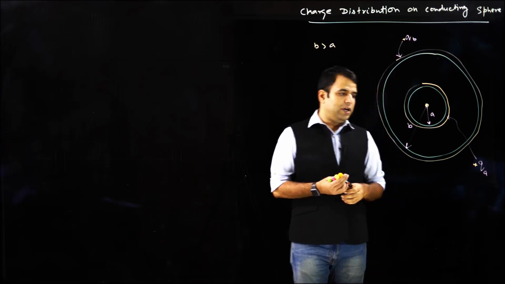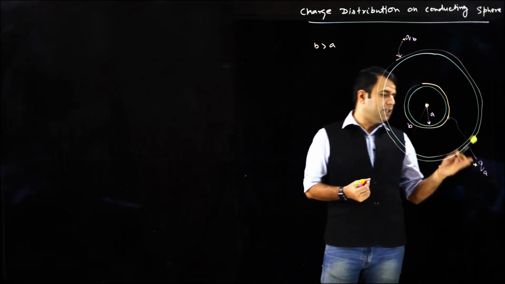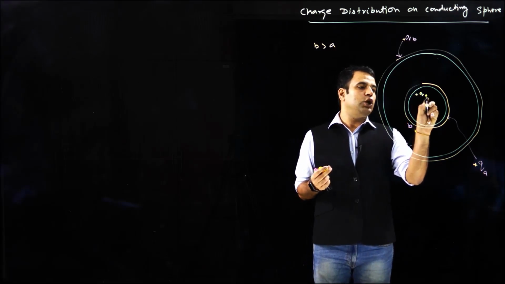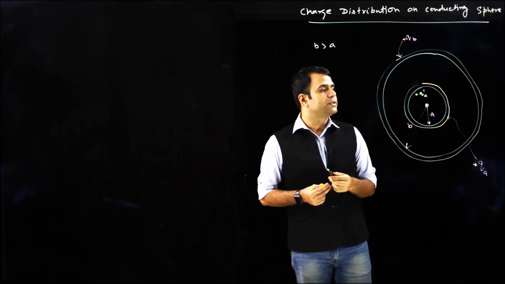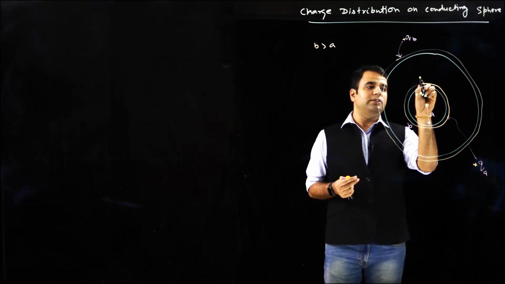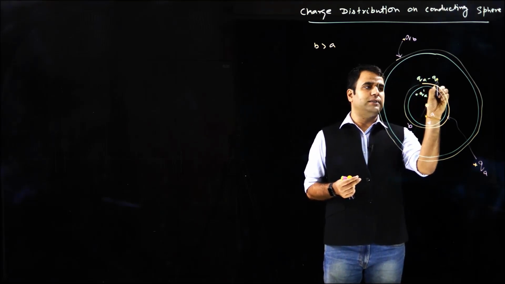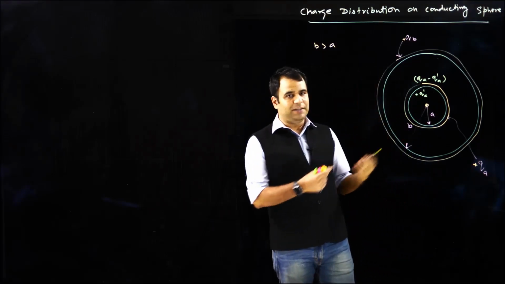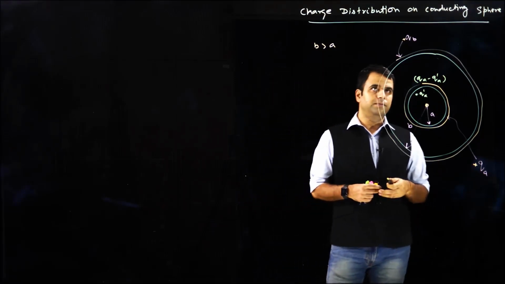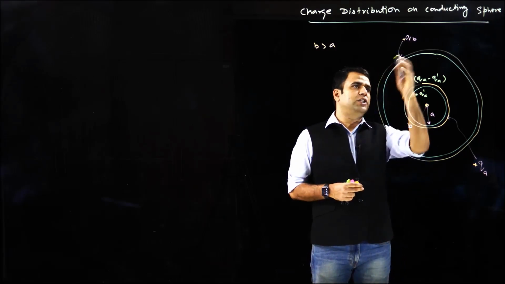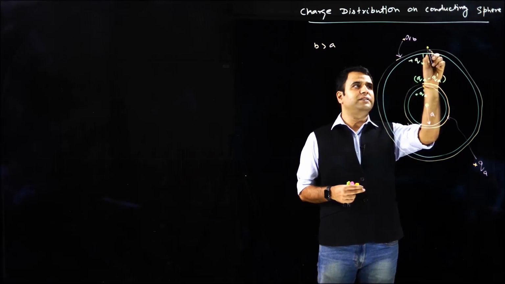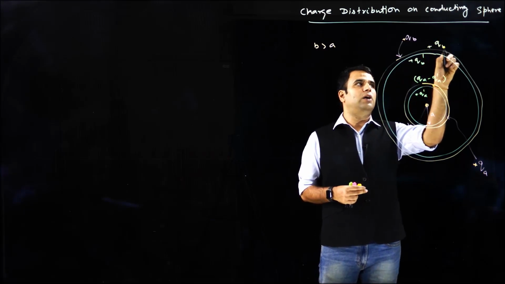Now out of this QA charge, let's say plus QA dash goes inside. So the remaining will go outside, that is QA minus QA dash, because the net charge should be the same. And out of this QB, plus QB dash goes to the inside surface, and the remaining, QB minus QB dash, will go to the outside surface.